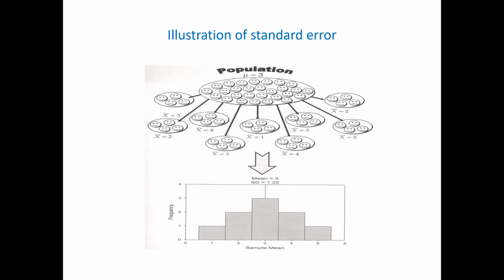Those means are statistics now, because they are calculated from the sample. When you calculate the mean of those 9 statistics, it gives you 3, which is equal to the parameter mu. And if you now calculate the standard deviation, that standard deviation is 1.22.